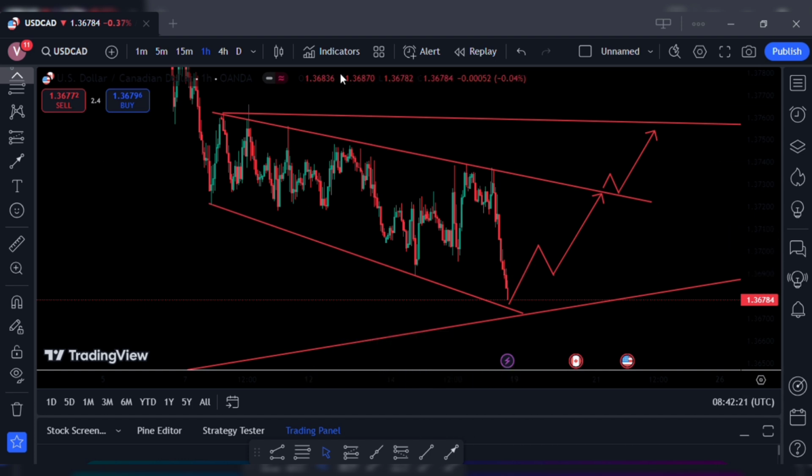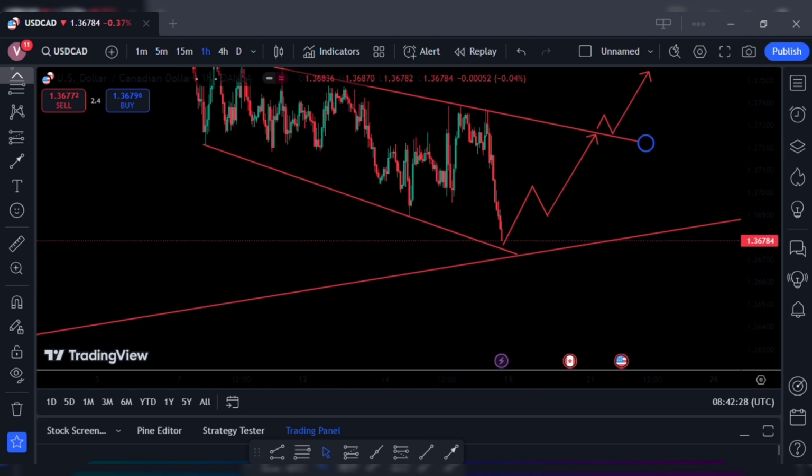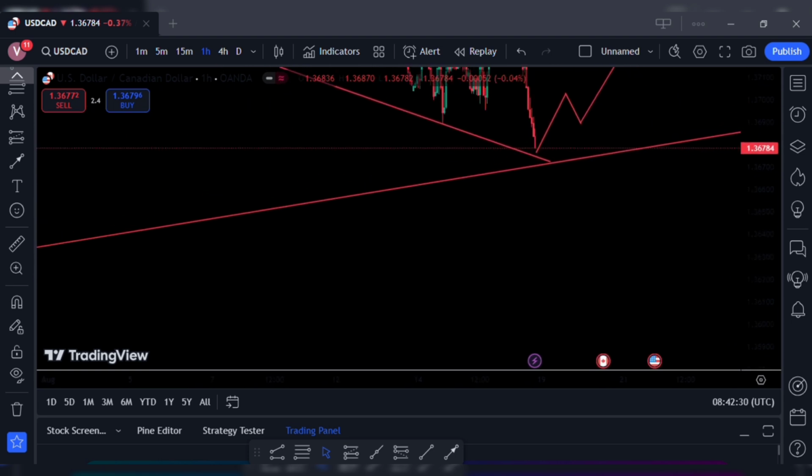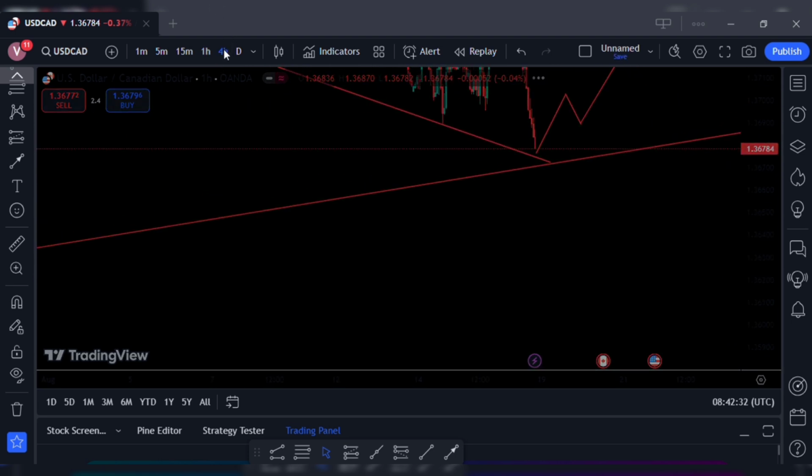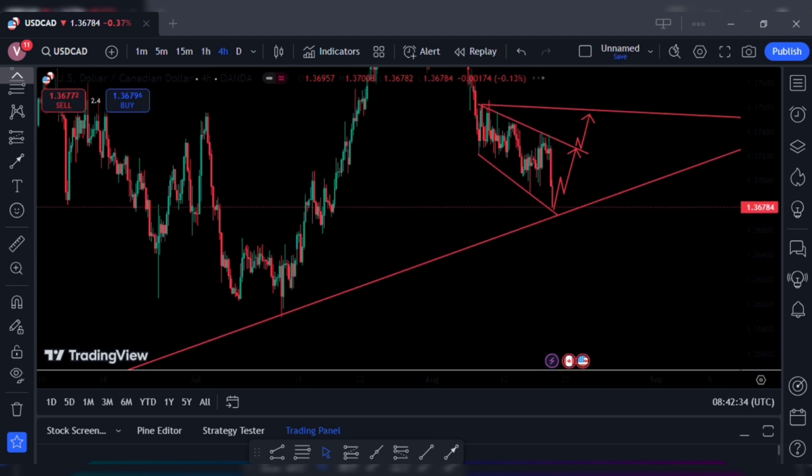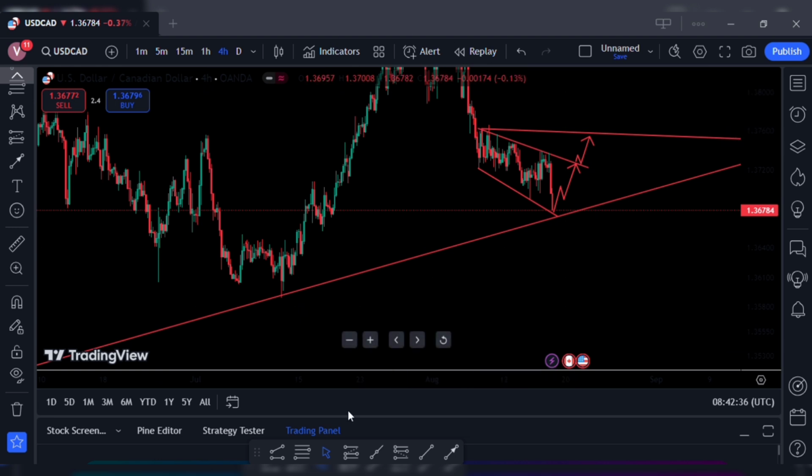Then second thing is, let's assume the market is going to break out to the downside as a sell. It is very, very simple. What you do is, let's go to the higher time frame, right? You patiently wait for the market to give you a breakout like this, a breakout like this.